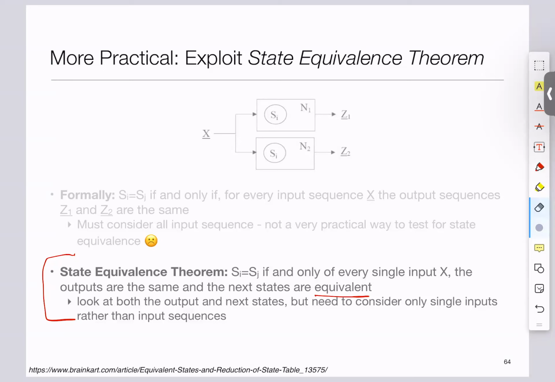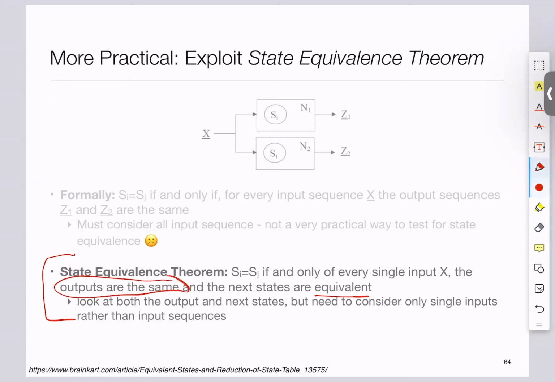So let's say SI goes to state A and SJ goes to state B, then SI and SJ are the same if states A and B are in turn equivalent. And also the outputs have to be the same. That property has to hold true too.